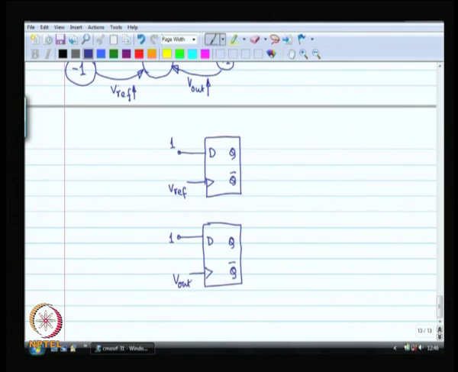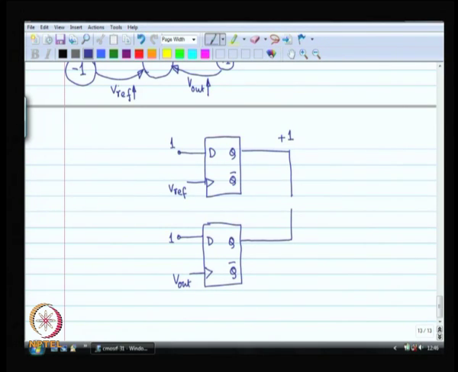So, at the rising edge of Vref, Q becomes equal to 1. Okay. This is the code for plus 1. And then at the rising edge of V out, this Q is going to be equal to 1, but I do not want the 1 to remain.